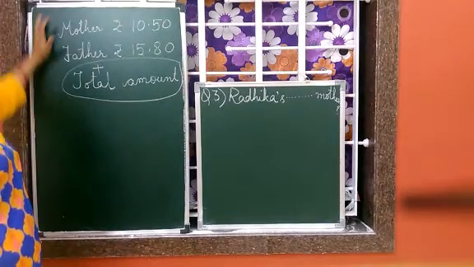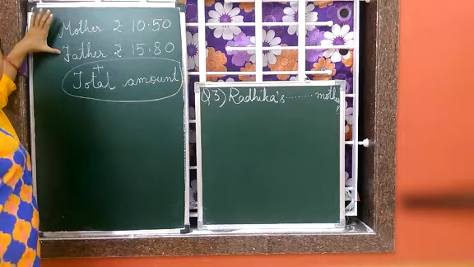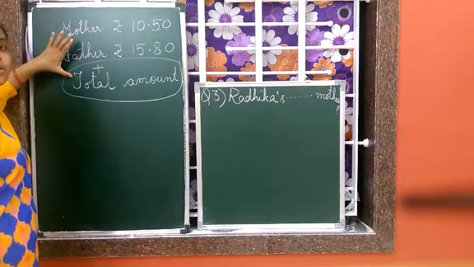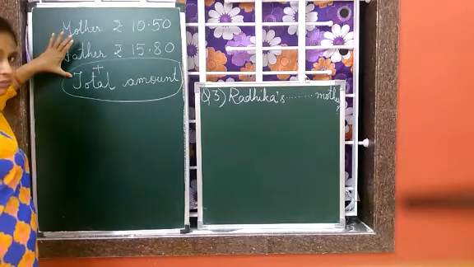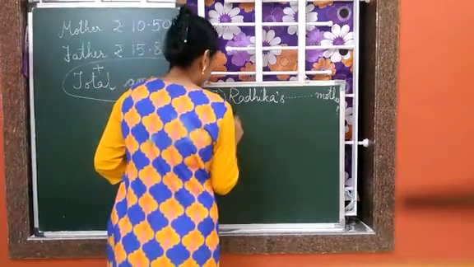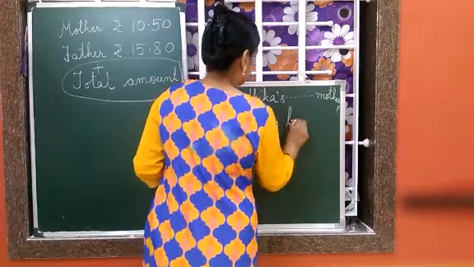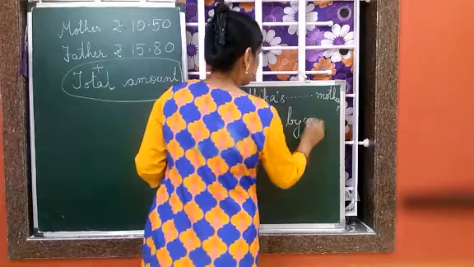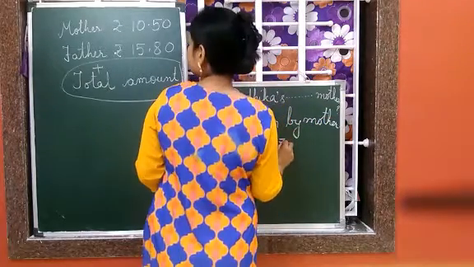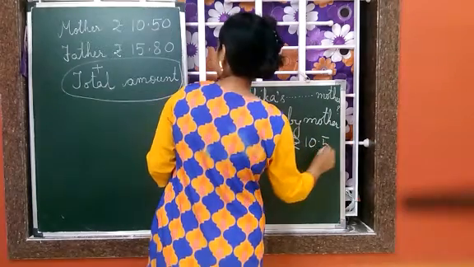So the first statement will be money given by mother. Second, money given by father. Total money given. Okay, let's start. Money given by mother. What is that? Rupees 10.50.